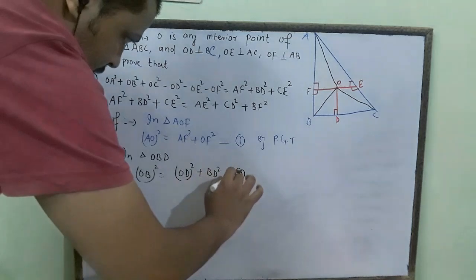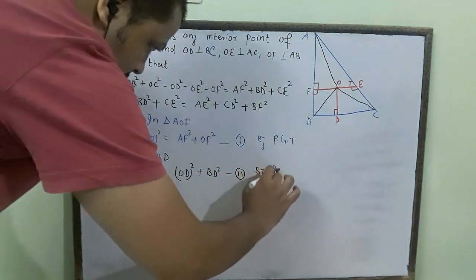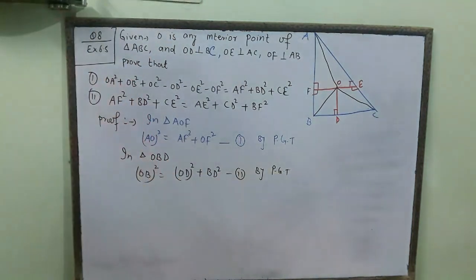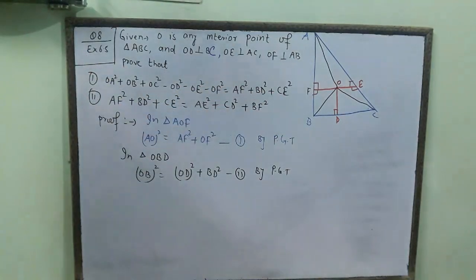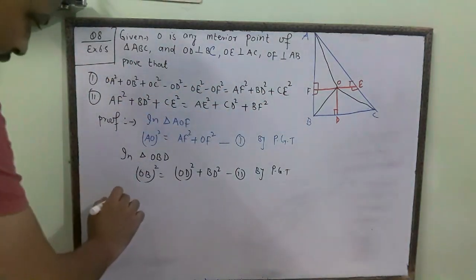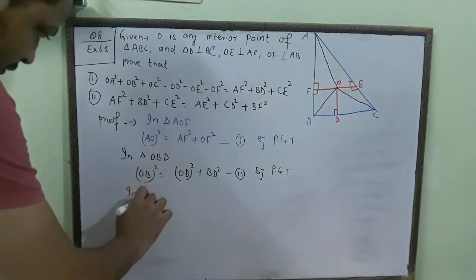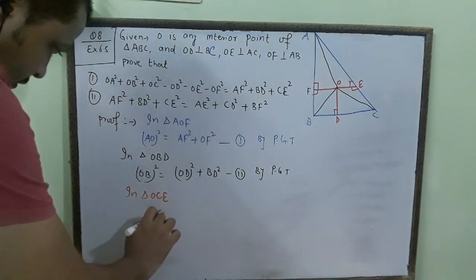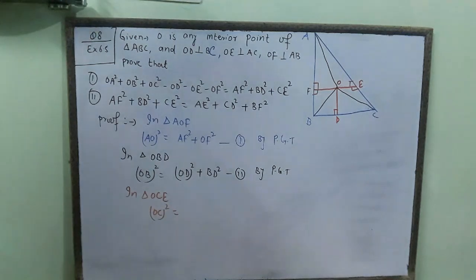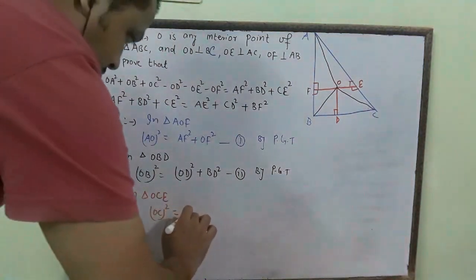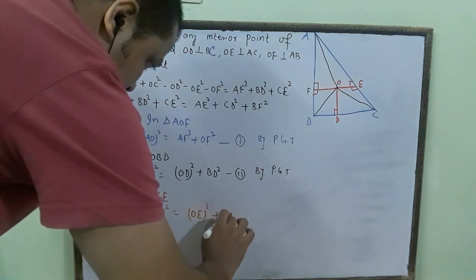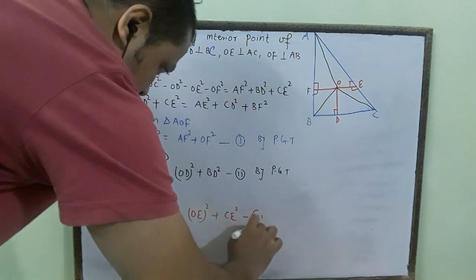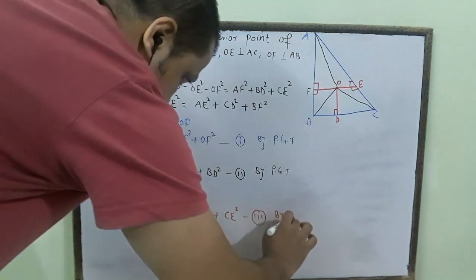This will be equation 2 by PGT. Now OC square and CE square, for this the triangle will be OCE. In triangle OCE, OC square is equal to OE square plus CE square. This is equation 3 by PGT.